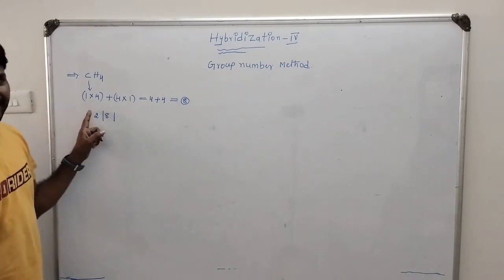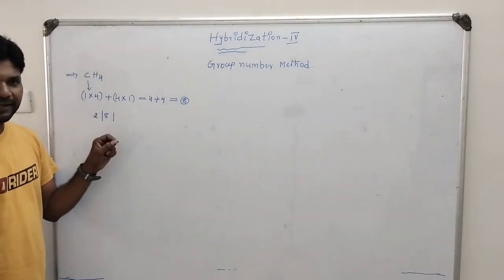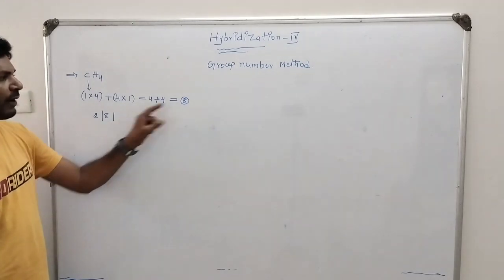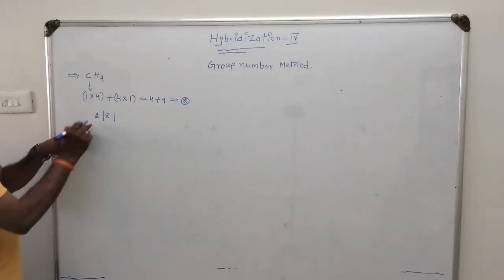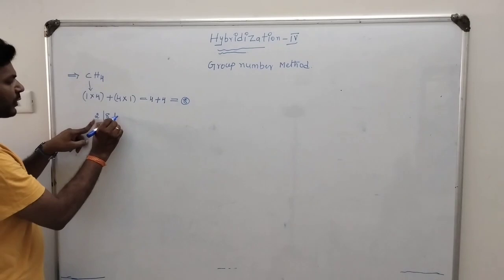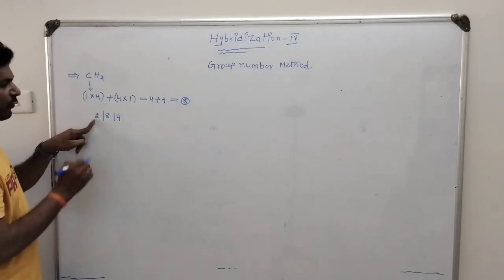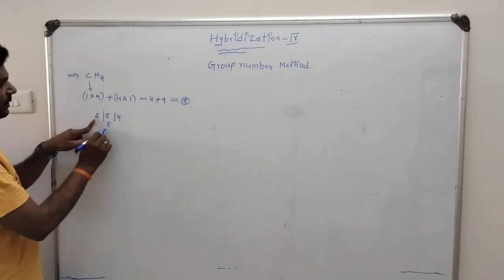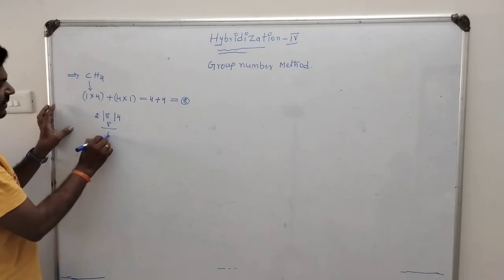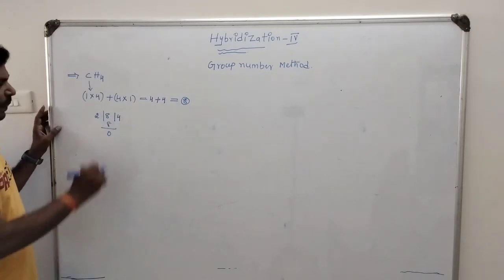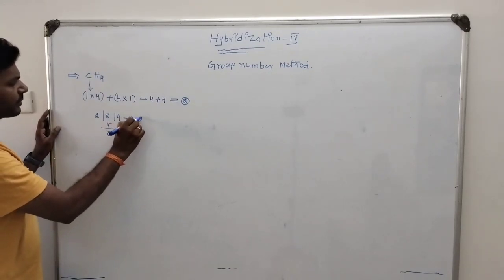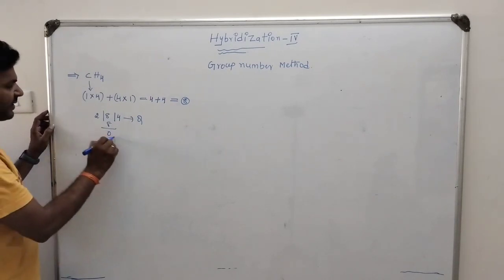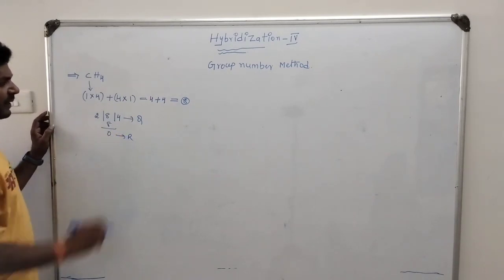If the valence electrons are between 2 to 8, we divide that value by 2. How many times? 4 times. 2, 4, 8. So the remainder is 0. Here this is the quotient and this is the remainder.